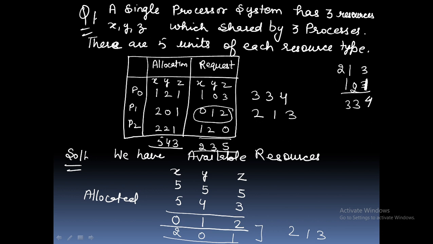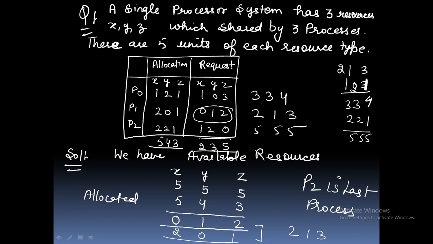And last, you can see the last process P2, that is allocation is 221. You can fulfill the last requirement, that is P2. Then the answer will be P2 is the last process who will have its request fulfilled at the end.